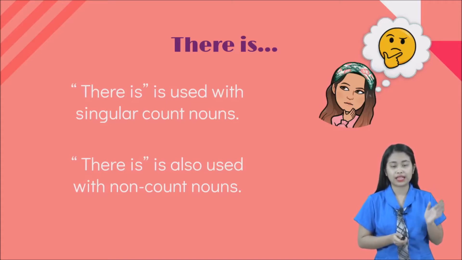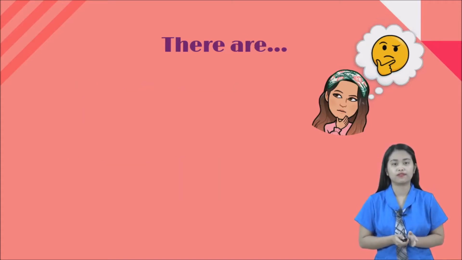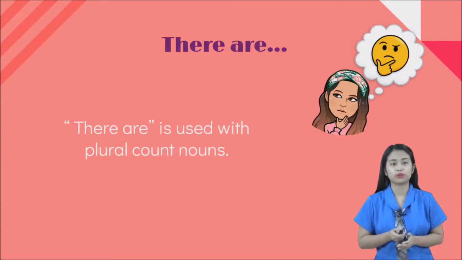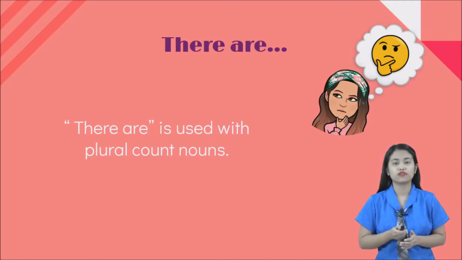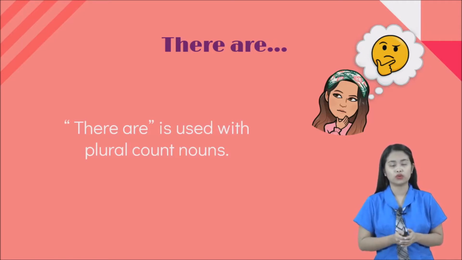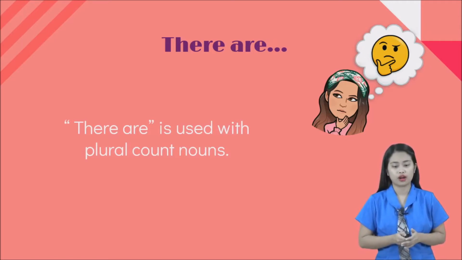Next, we have there are. It is used with plural count nouns. Count nouns are those nouns that we can count, and if they are plural, if they are more than one, we are going to use there are.